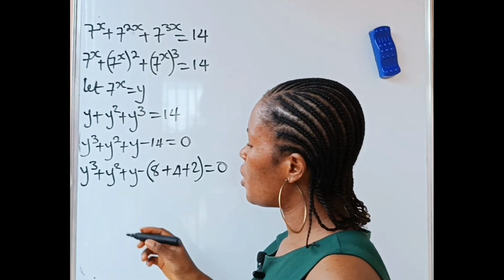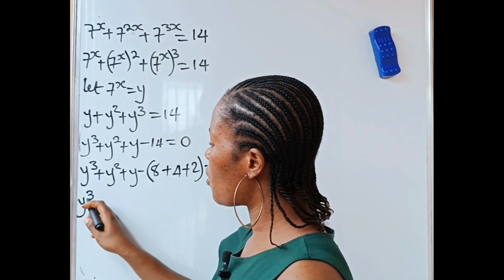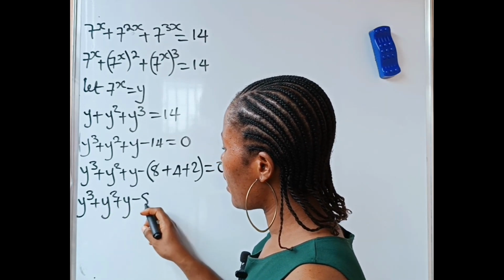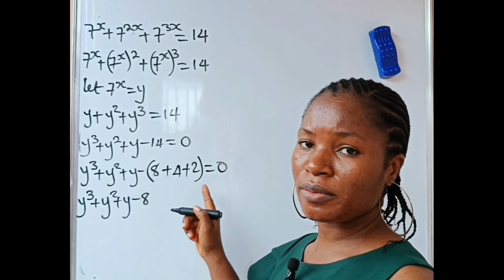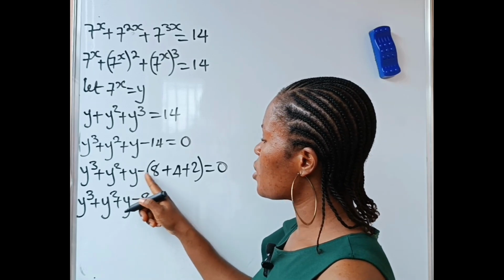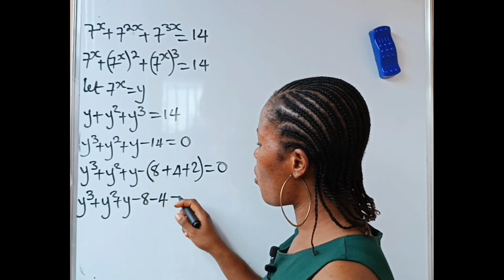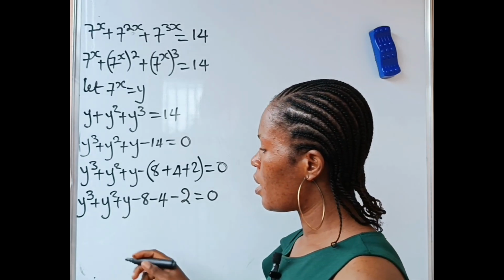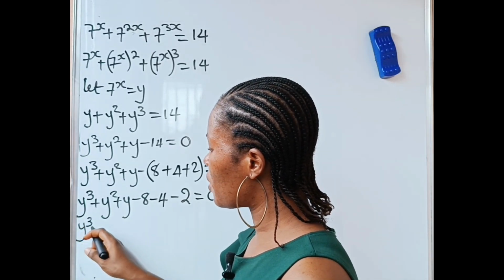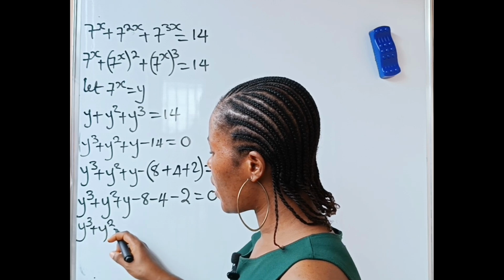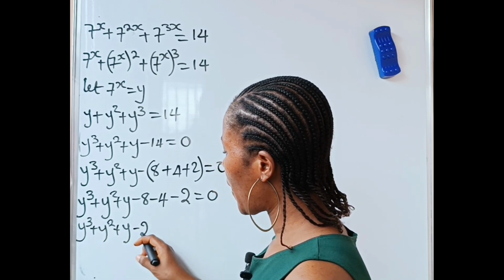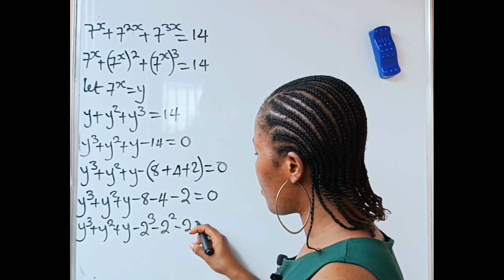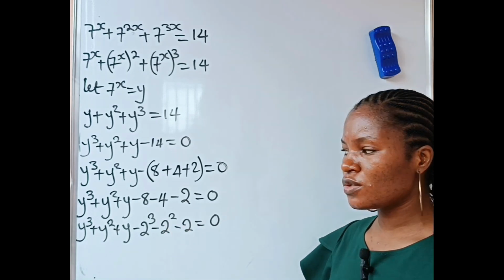Now we have y to the power of 3 plus y squared plus y minus 8. I'm now opening the bracket using the minus sign, so minus 8 minus 4 minus 2 is equal to 0. So we have y to the power of 3 plus y squared plus y minus 2 to the power of 3 minus 2 squared minus 2 is equal to 0.